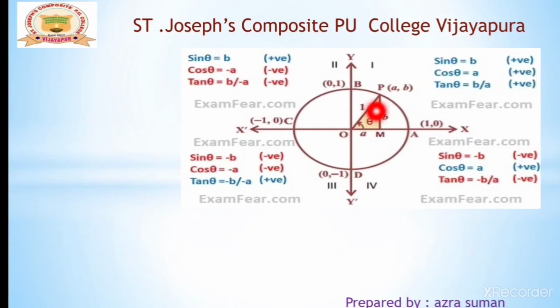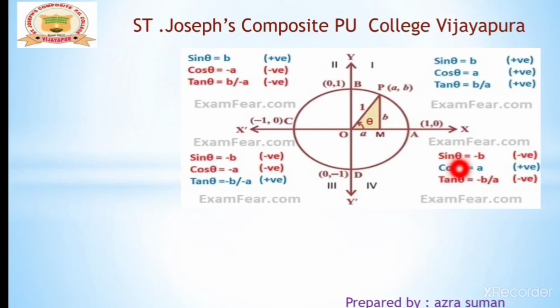When OP is rotated and comes to the fourth quadrant, x is positive and y is negative, which means A is positive and B is negative.